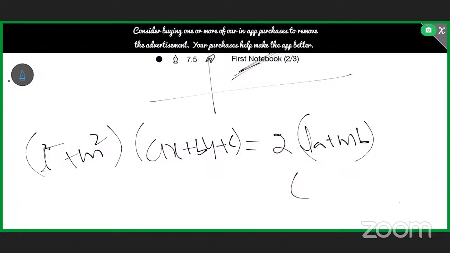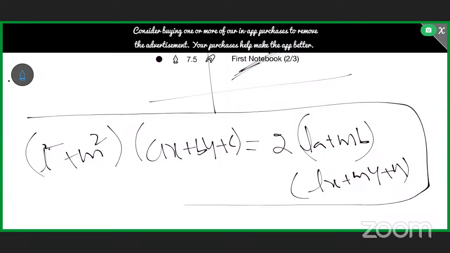Sorry, I told no, lx plus my plus n. So this is the equation of the image of ax plus by plus c with respect to lx plus my plus n is equal to 0.